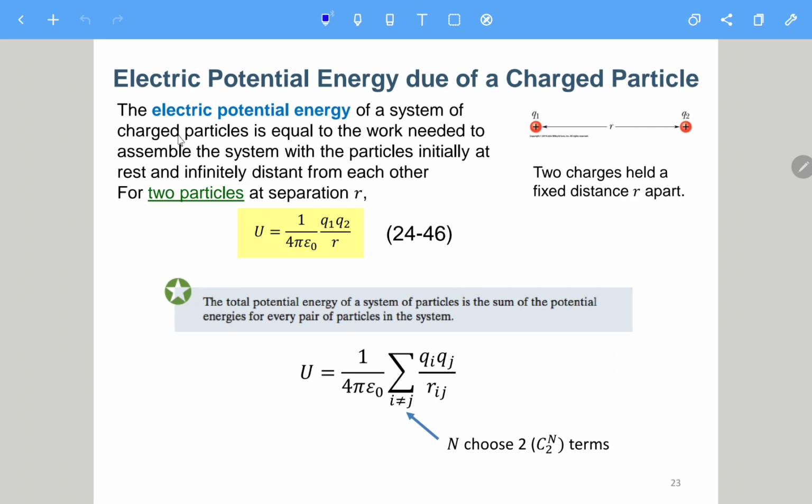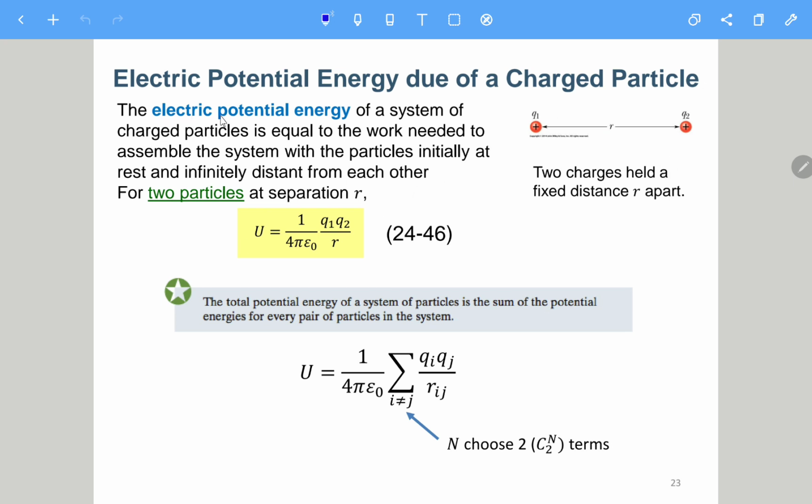So let me still continue. So here we talk about the electric potential energy due to a charged particle. Here we try to evaluate the electric potential energy for some structure with some charges.